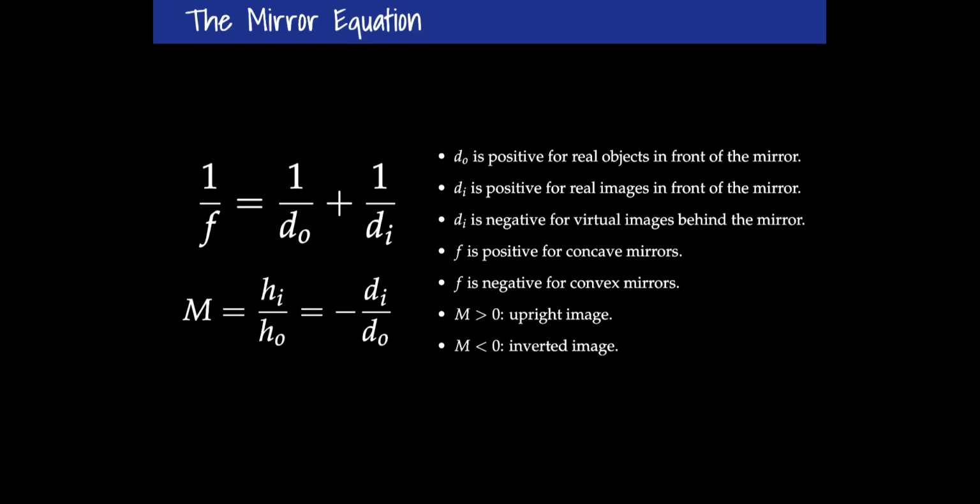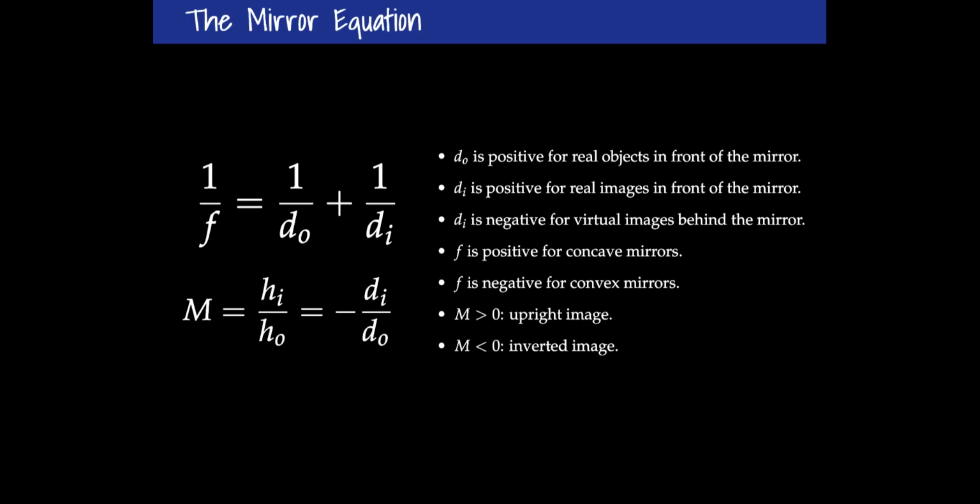The object distance is positive for real objects in front of the mirror. I might have guessed that. The image distance is positive for real images in front of the mirror, but negative for virtual images. So when an image appears behind the mirror, you're calling that a negative distance. It's like there's a number line where positive numbers are that way and negative numbers are that way, and the mirror's at the origin. Positive numbers on the real side, negative numbers on the virtual side.